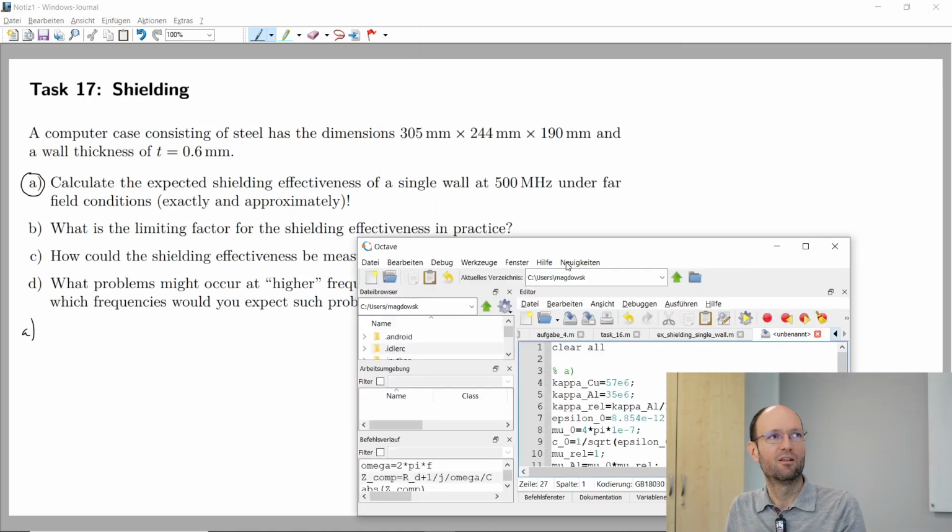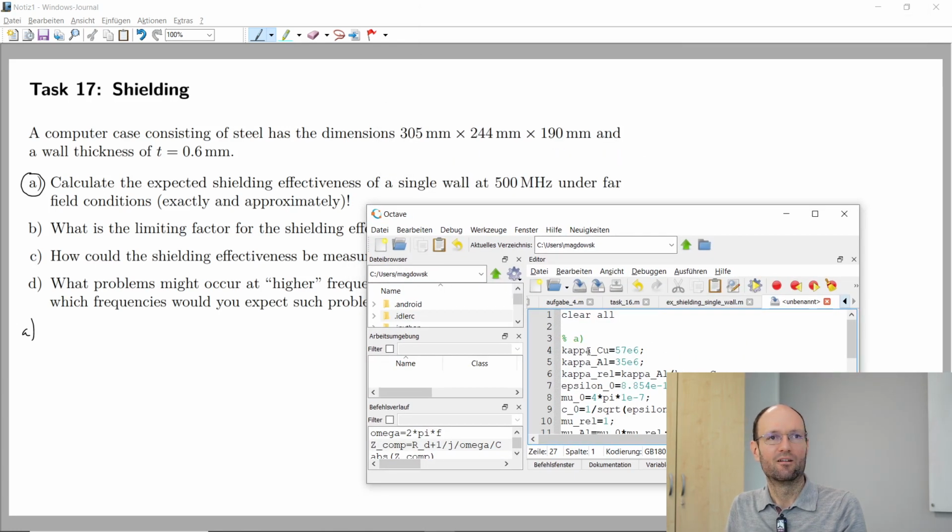So, as the wall material is steel, what properties would we need to know from the steel?